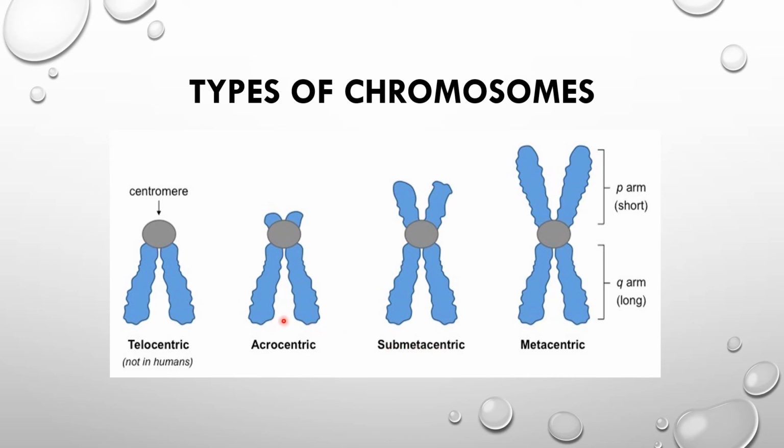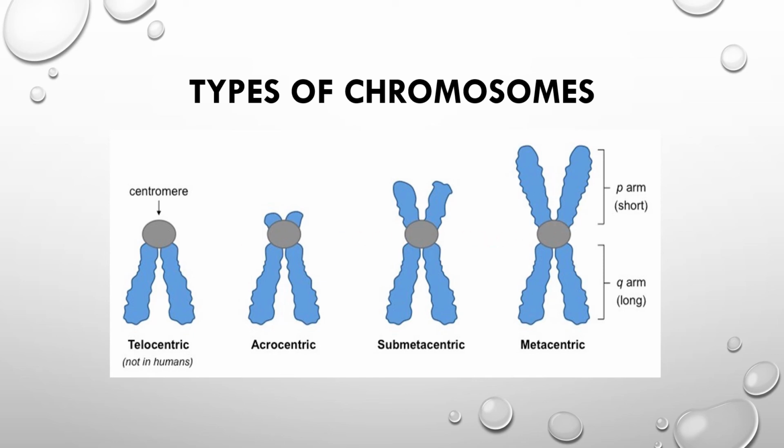In this one the centromere is reaching towards one end, so you have a long chromatid on one side and a very short one on the other. Such chromosomes are known as acrocentric. But if the centromere is terminal, with no chromatin at one pole, that is telocentric, and they are not present in human beings. So we have four types of chromosomes depending upon the position of the centromere.